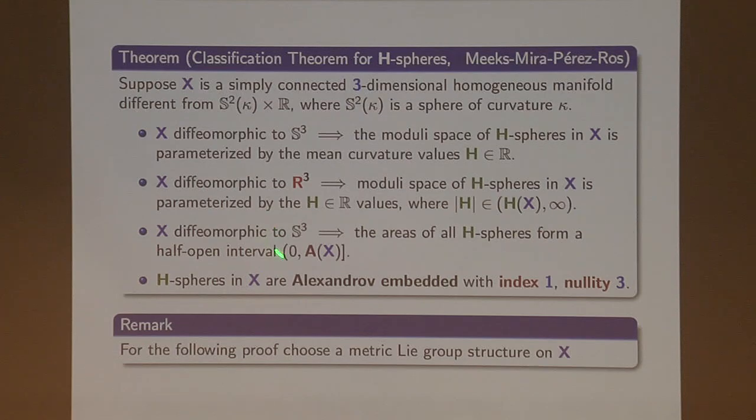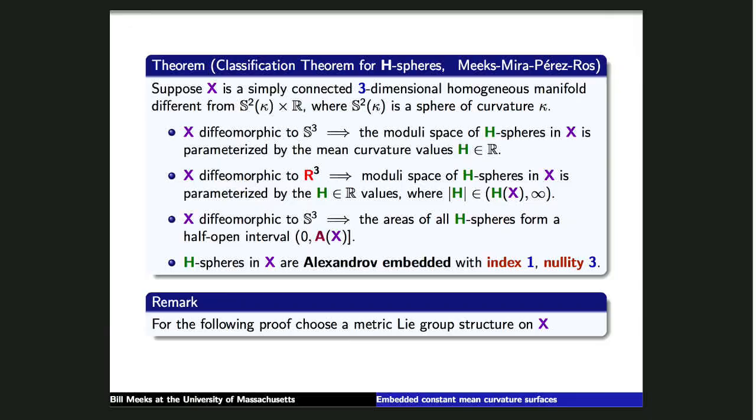In the case of S3, you also have a uniform bound: if you look at all constant mean curvature spheres in SU2 with a left invariant metric, then there's a sphere which is biggest. It's not always the minimal one. And the other key property is that it bounds a ball on the mean convex side, index 1 and nullity 3.